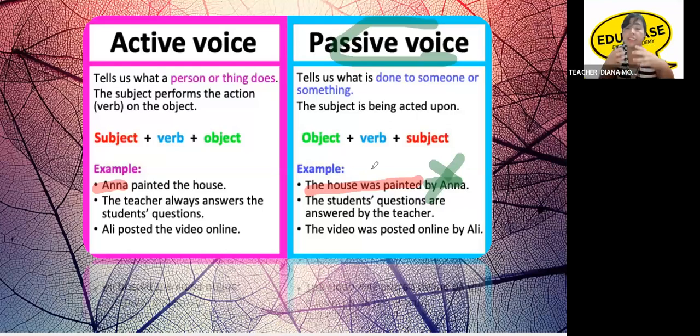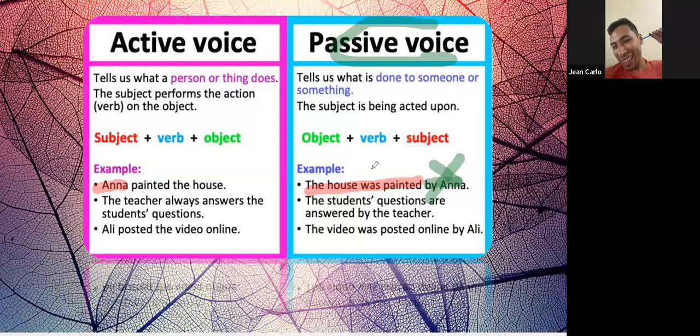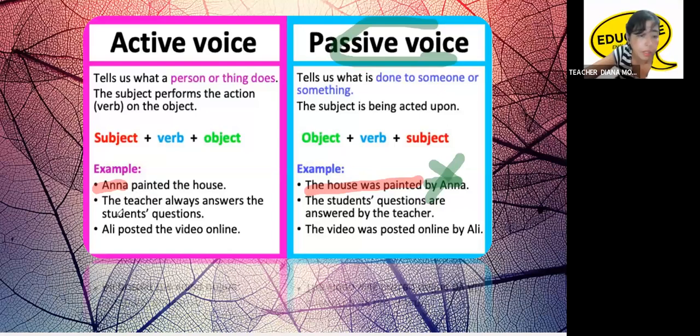So the important thing is that the house was painted. So don't ask me again to paint the house, because the house was painted 2 months ago. That's the point here, not who painted. Okay, coach, I get it now. Yes. Thanks.